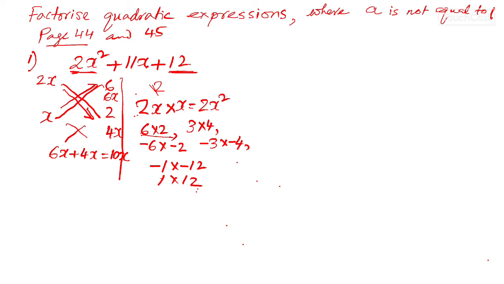Now I might try the other combination. Remember, this is just trial and error. 2x times x, I do not change this one, but I swap the right hand numbers to 2 and 6. 2x times 6 gives you 12x. x times 2 gives you 2x.